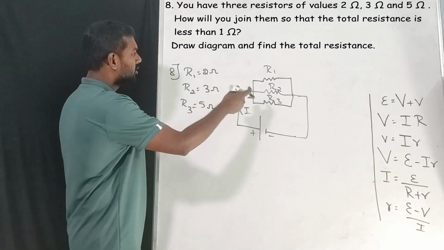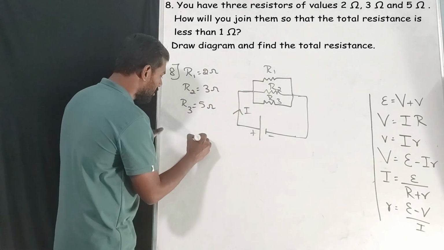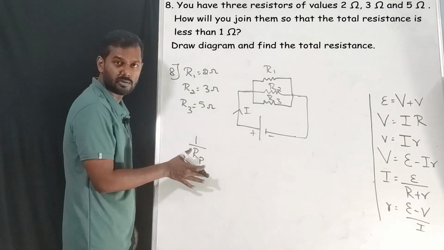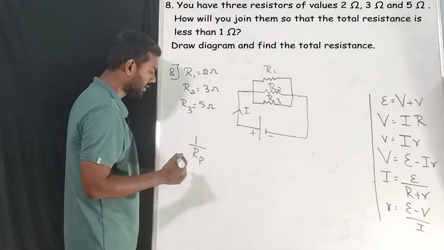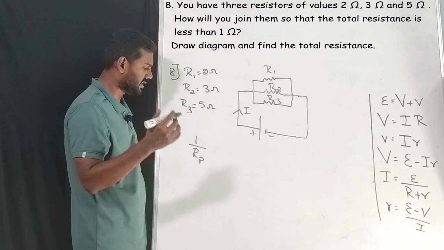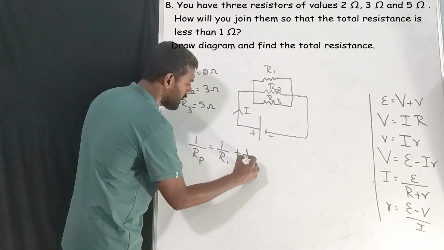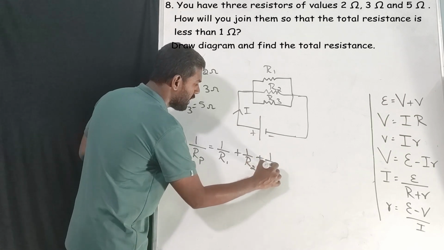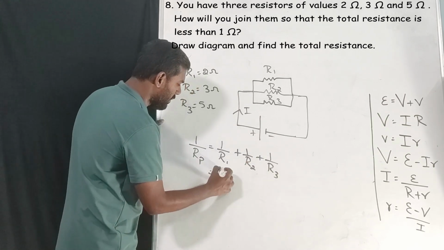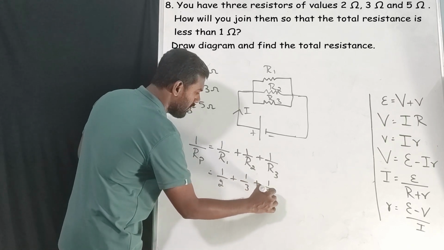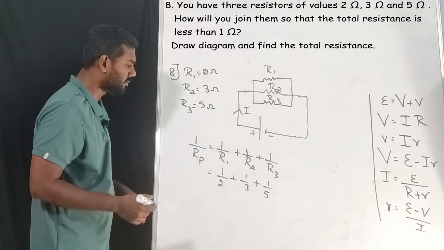Next, we know all of them are in parallel. See, you can go for the traditional method and I'll teach you the formula method also. You can choose which is easier. 1 by Rp is equal to 1 by R1 plus 1 by R2 plus 1 by R3. That is 1 by 2, 1 by 3 and 1 by 5. So what will be the LCM?